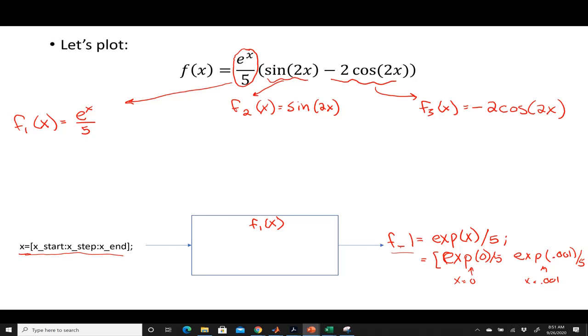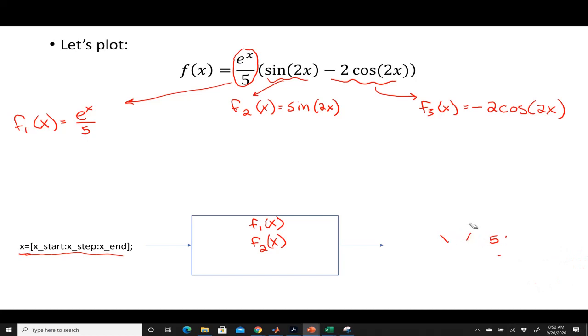So I could do the same thing for f2 of x. In this case, I would get a function that looks a little bit different: f underscore 2 equals sine of 2 times x.